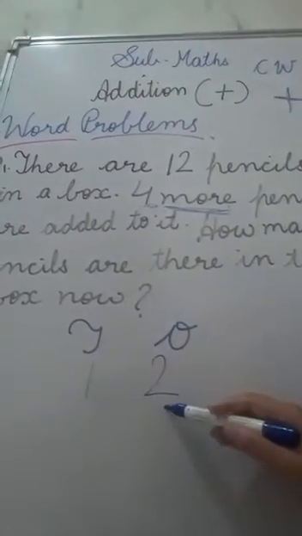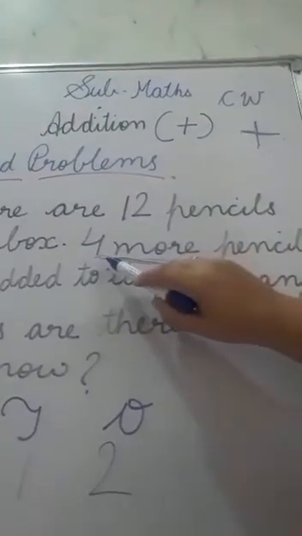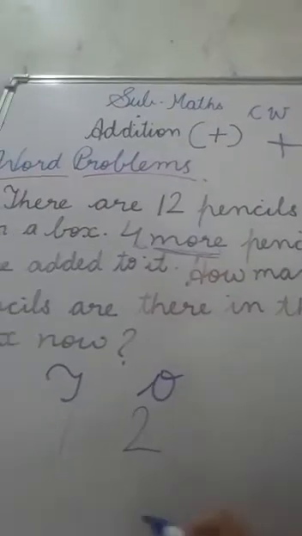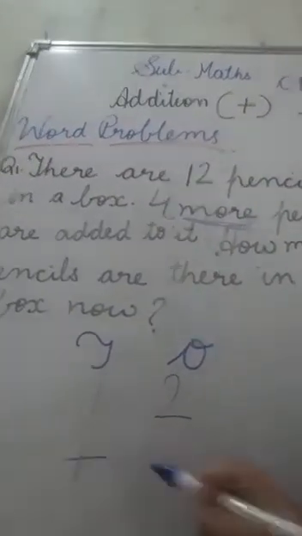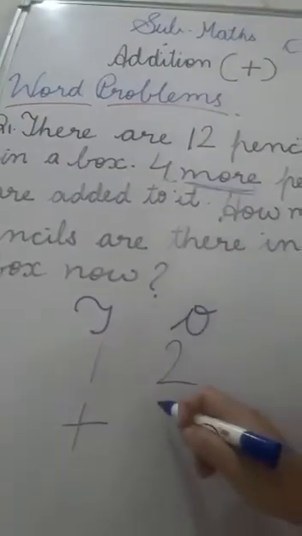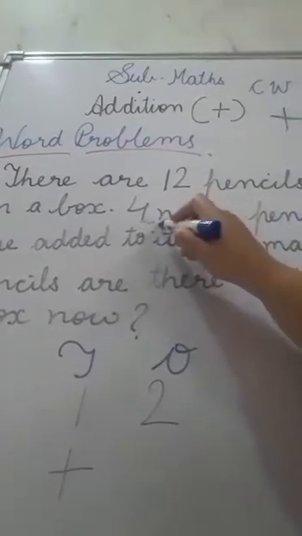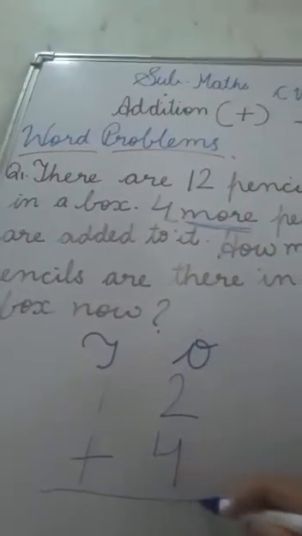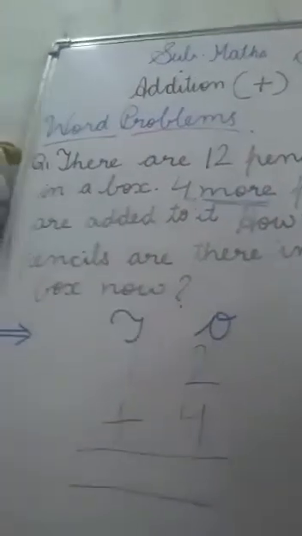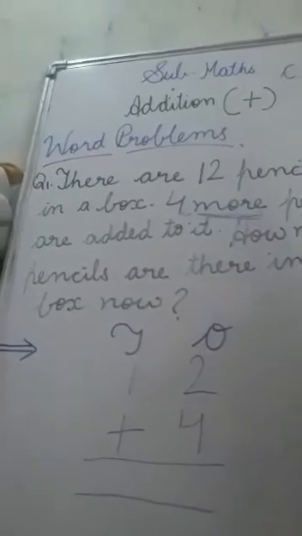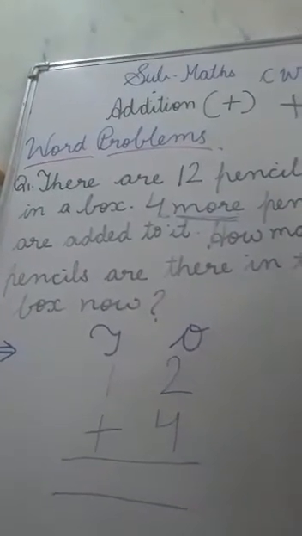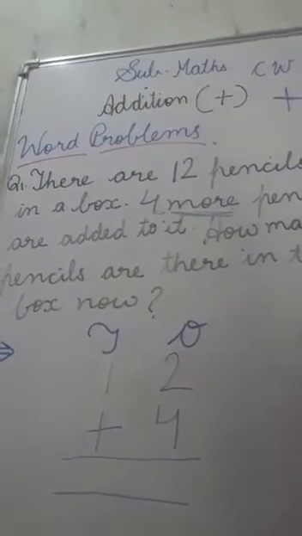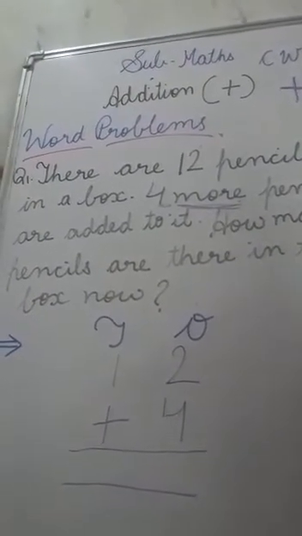Then after that, what you have to do? Add 4 more pencils. So put the sign of addition here. Now 4 is a single digit number. So we will write 4 on ones place. Now add this. Yes, this is the way you can solve this word problem.